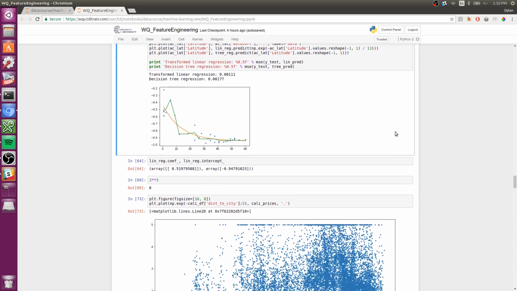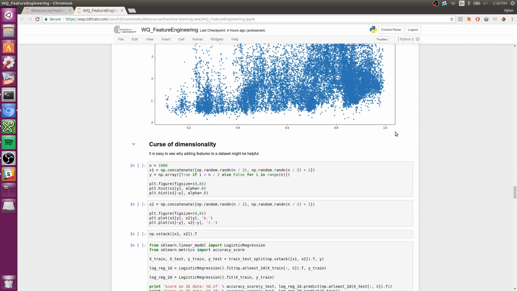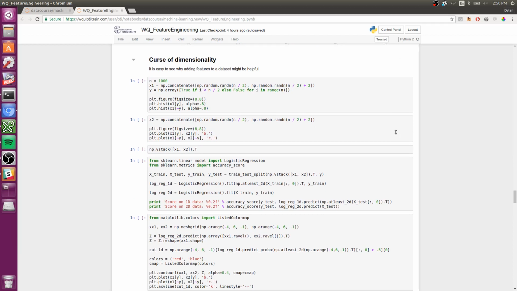So these introduce the idea of feature extraction and feature transformation, where we might be adding features to our data set or changing features in some way to make the data more available to whatever model we choose, or to tease out the latent information in the data.